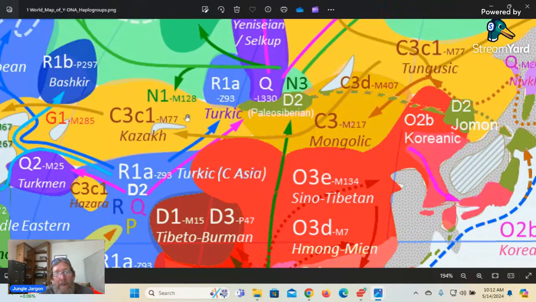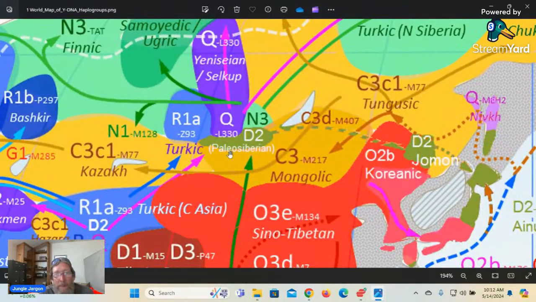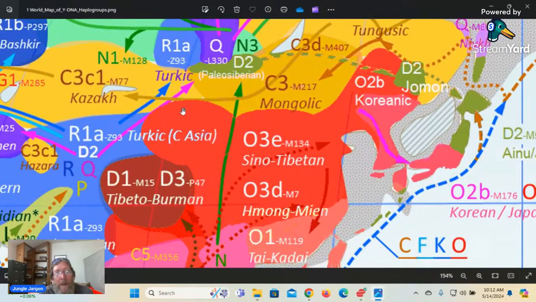How can you have that kind of mixture up in the Altai Mountains? Oh, look, what's this? You have the C and a D, both of which are Hamitic in the area of Asia, which is Eurasian. Okay, so that explains that.